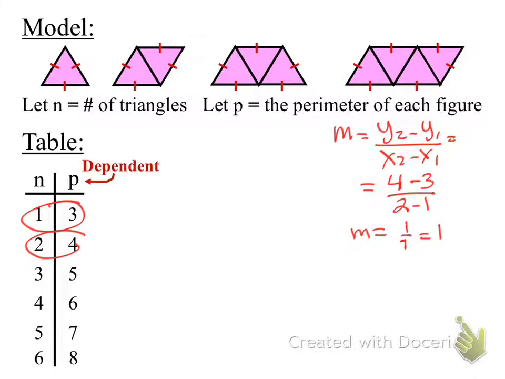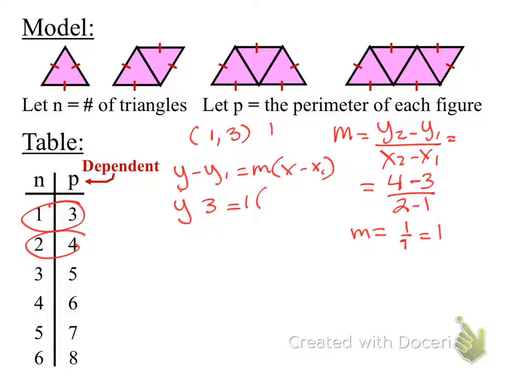Okay, now I need my b. How do I find my b? Chris? You use one of the points and you use the point-slope formula. Okay, y minus y1 equals m times x minus x1. y minus what? y minus 3 equals 1 times the quantity of x minus 1.